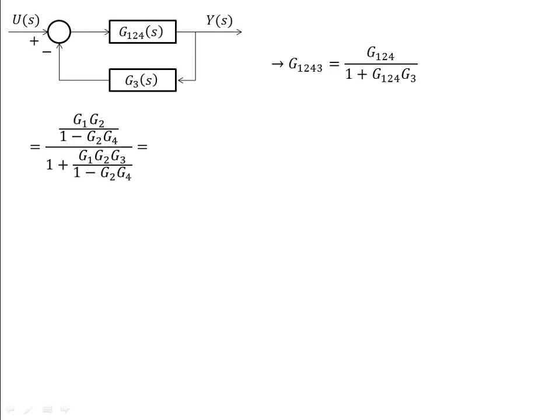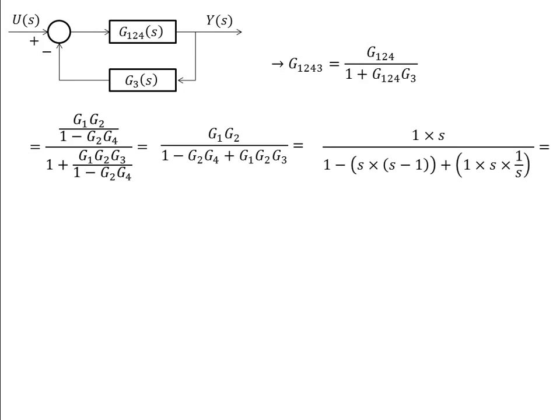If we substitute the transfer functions of G124 and G3 in this transfer function, we will have this relation. If we further simplify this ratio, we will get G1 G2 over 1 minus G2 G4 plus G1 G2 G3.